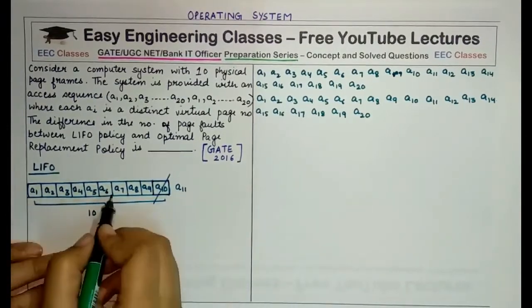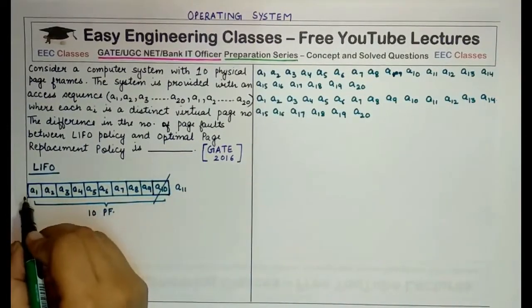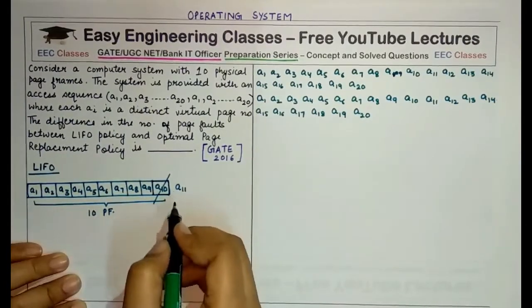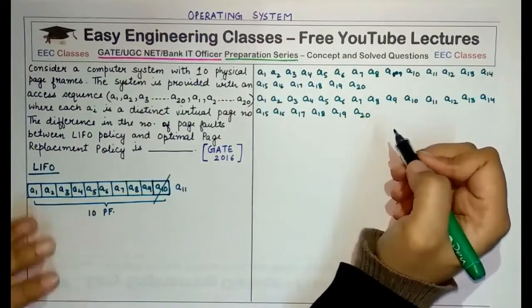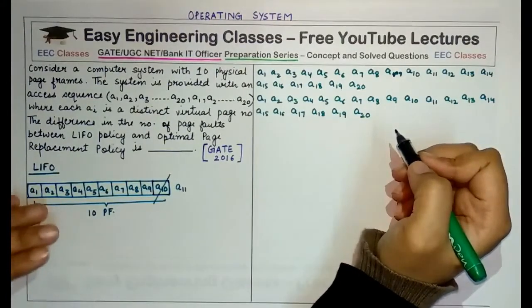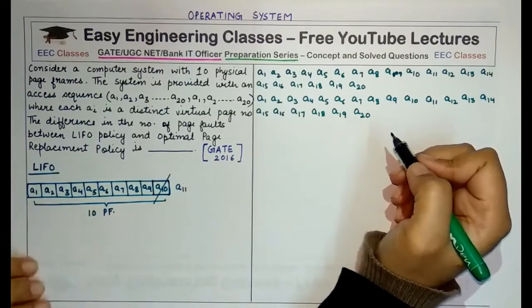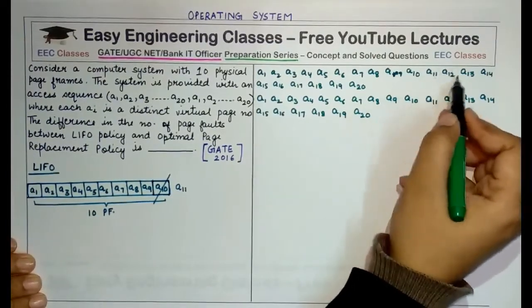So the 10 page frames now have the pages A1 to A9 and A11, and since A11 was not initially present in this frame set, this also causes one page fault. Similarly, now we have to put A12.